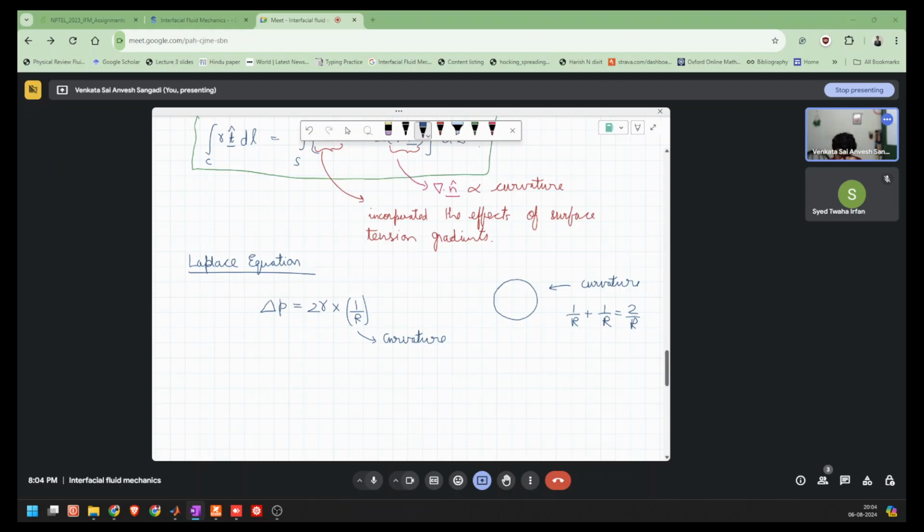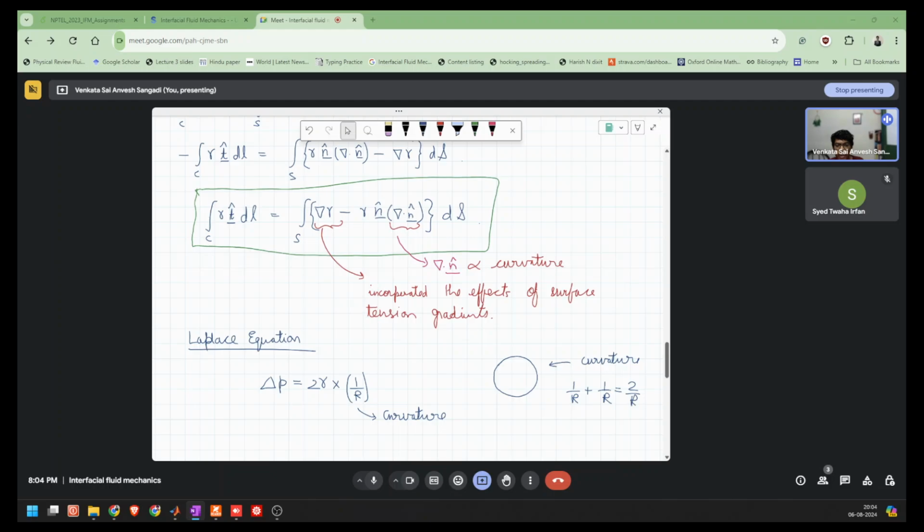This is for when surface tension is constant, but the above term that was derived is for both surface tension gradients and the curvature of the interface.